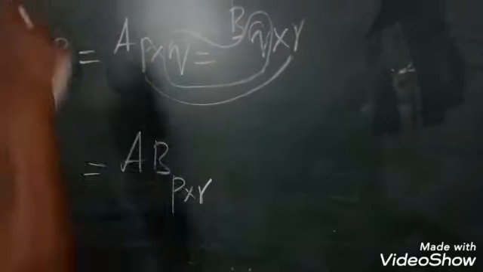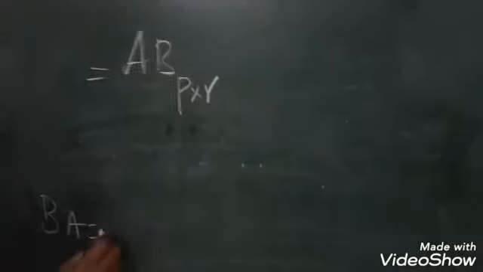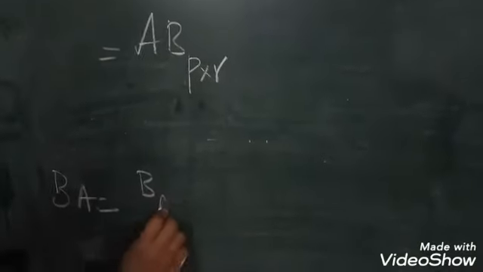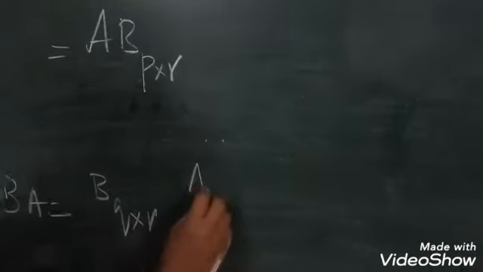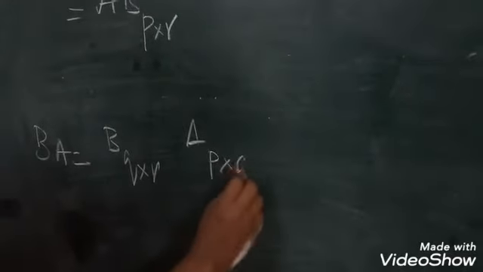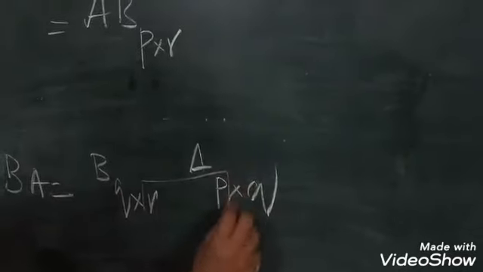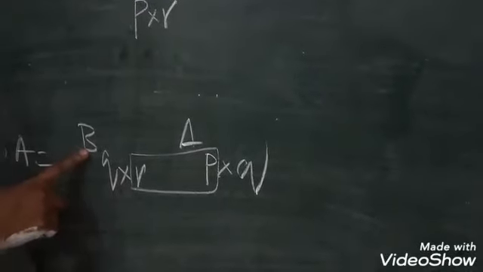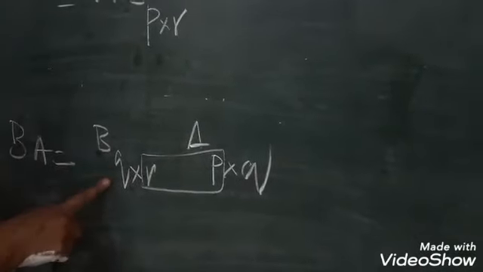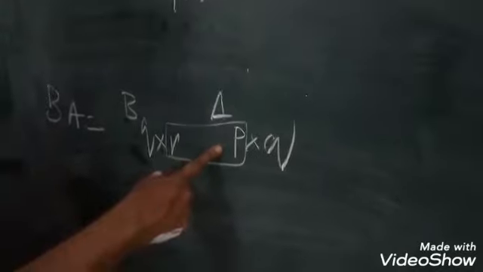Can you all understand? Here they have asked A cross B. Next they have asked B cross A. So you want to write the B matrix first: B is Q cross R, then A matrix is P cross Q. Now see the order, girls. In B cross A, first we write the B matrix, then the A matrix.